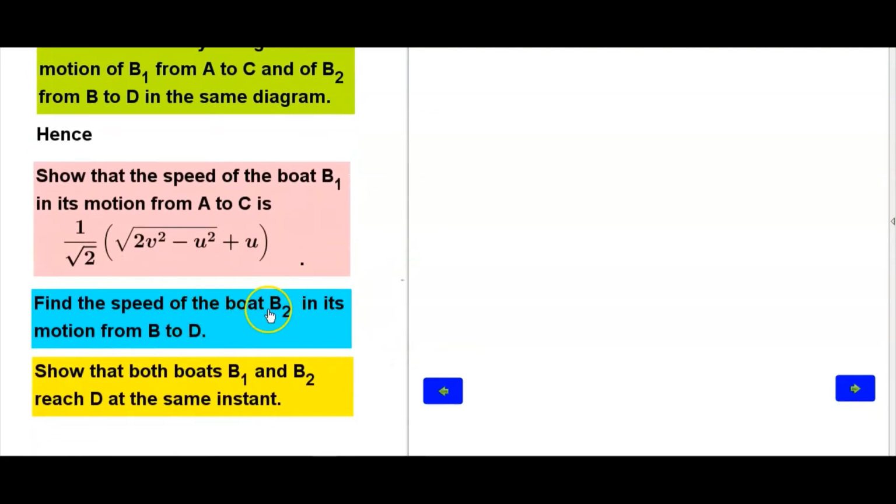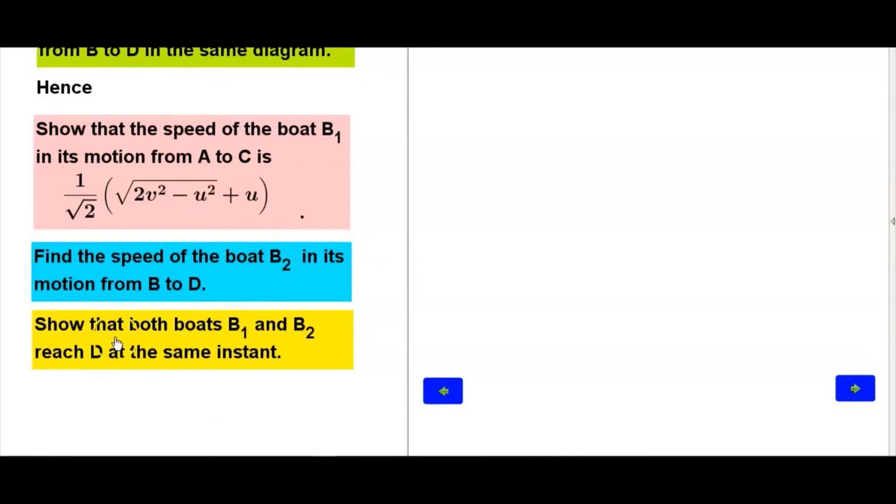Find the speed of the boat B2 in its motion from B to D. Show that both boats B1 and B2 reach D at the same instant.